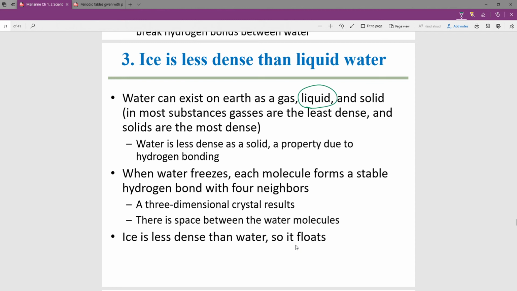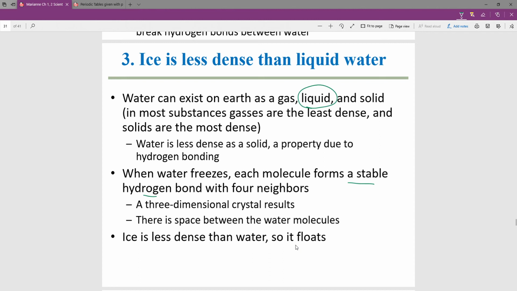So when water freezes, each molecule, instead of having these hydrogen bonds that are moving around all the time with the neighbors, they get locked into place. They form a stable hydrogen bond. And that three-dimensional crystal structure, that molecular geometry, if you will, pushes the water molecules further apart.